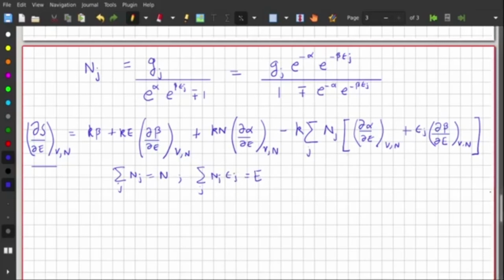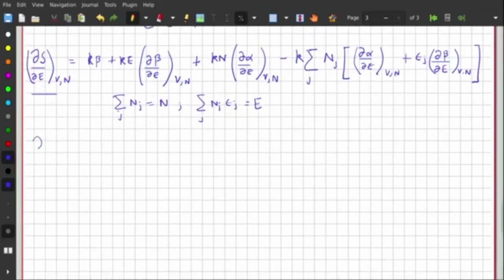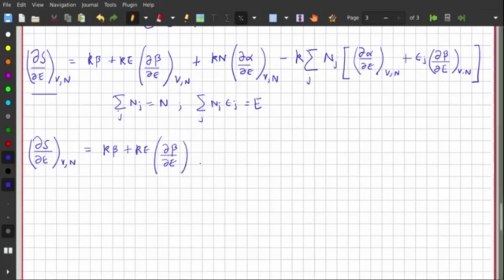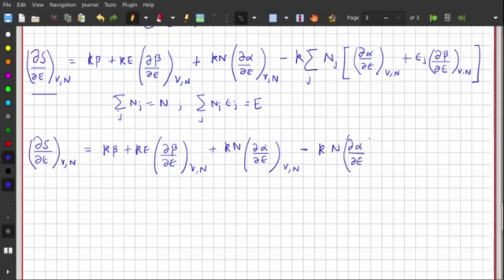So if you realize that, partial s partial e at v comma n becomes k times beta plus k e partial beta partial e at v comma n plus k n partial alpha partial e at v comma n minus, and now this is n basically, so this becomes minus k n partial alpha partial e at v comma n.